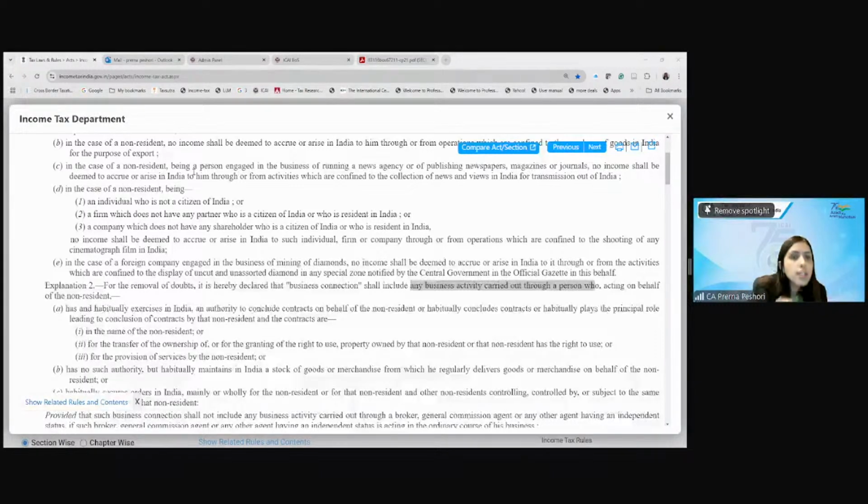So all the tax treaties of India were amended, and India also amended the domestic tax law, which is the Income Tax Act, to align it with the international principles.